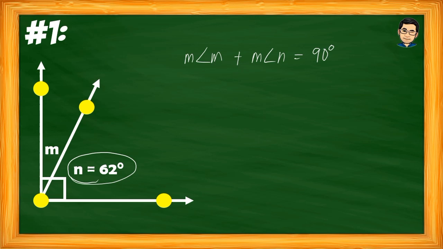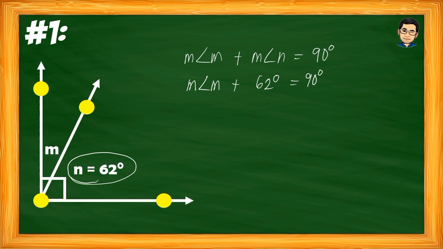Isa-substitute lang po natin yung sukat ng angle N dun sa measure of angle N, of course. So, measure of angle M, ito yung unknown, plus yung sukat ng angle N is 62 degrees, equals 90 degrees. And then, i-apply natin dito yung addition property of equality.